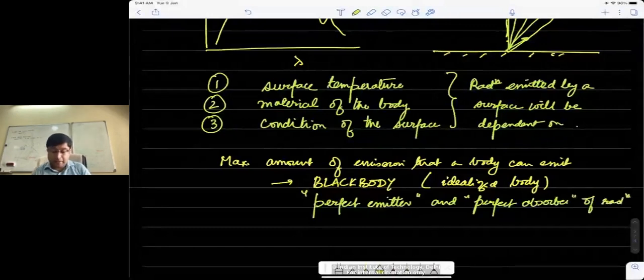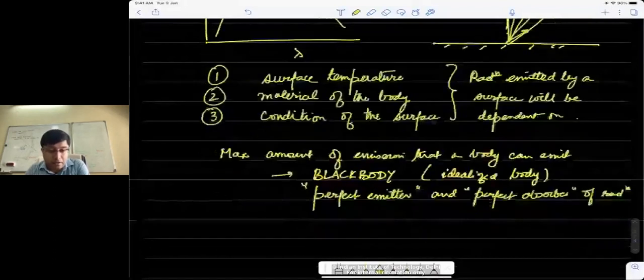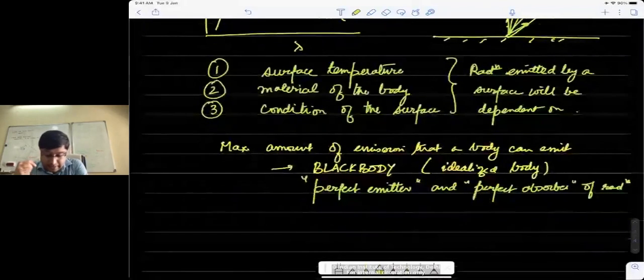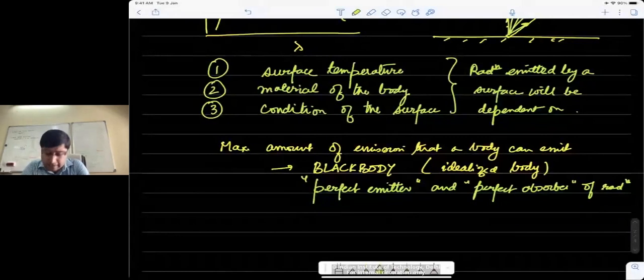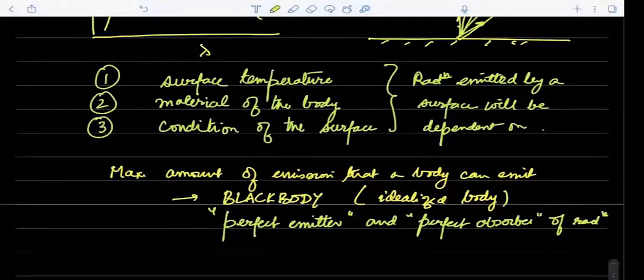By a perfect emitter, I mean that due to its inherent temperature, it will be emitting the maximum possible radiation compared to any body at the same temperature. A perfect absorber would mean that any radiation incident on this surface is completely absorbed. So we talk about perfect emitter and perfect absorber in that sense.